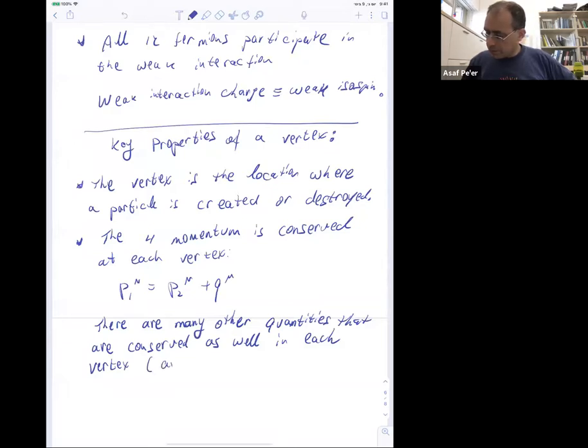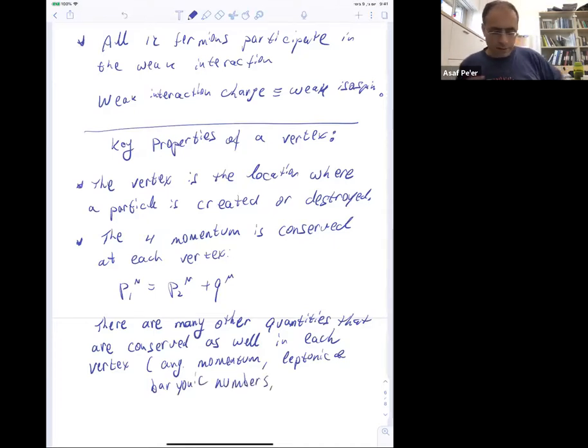Right, angular momentum, leptonic and baryonic numbers, parity. There are more. I'll discuss some of those down the line.